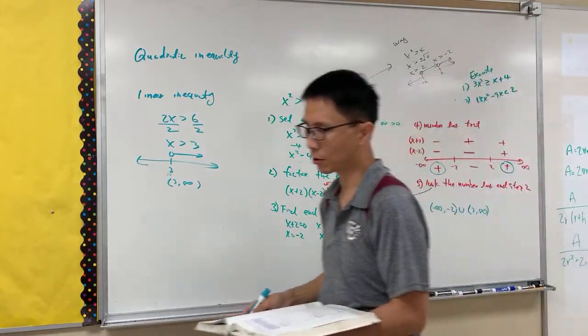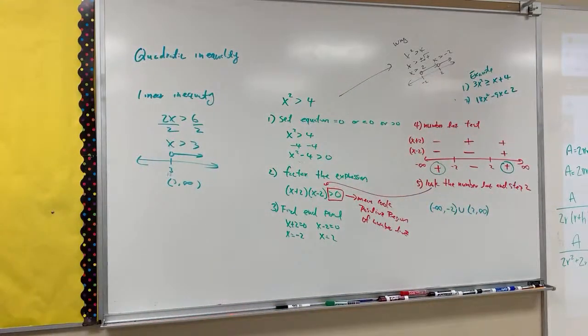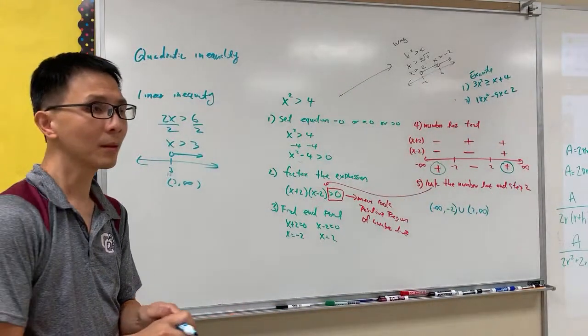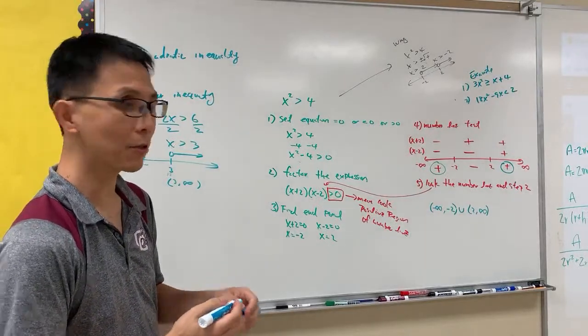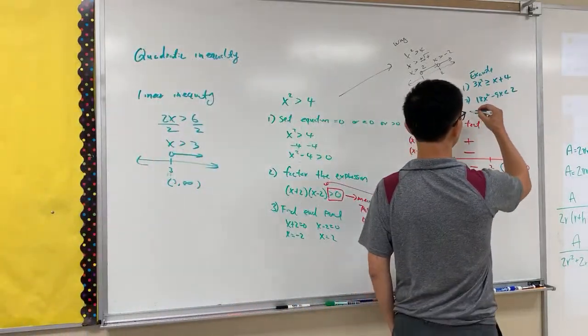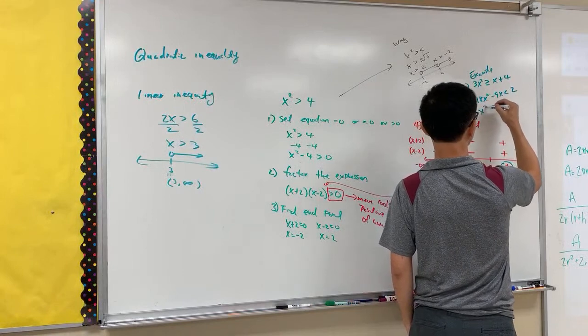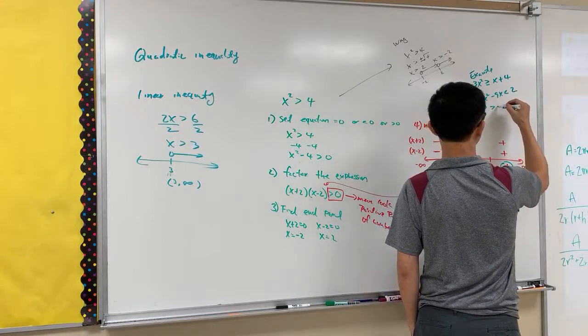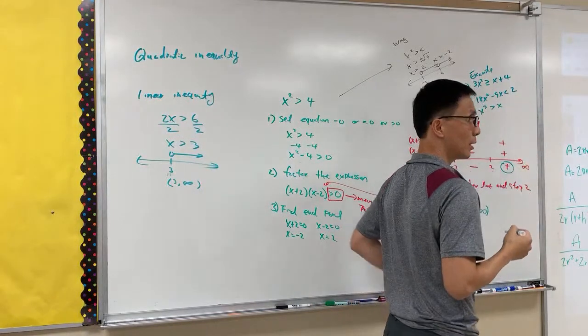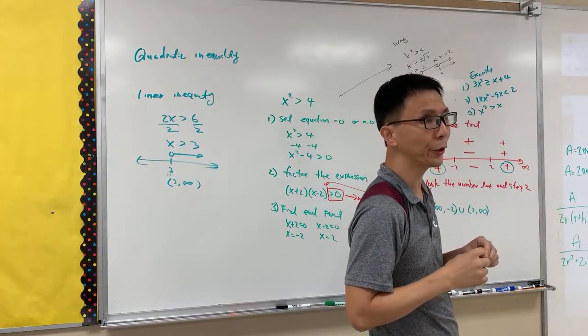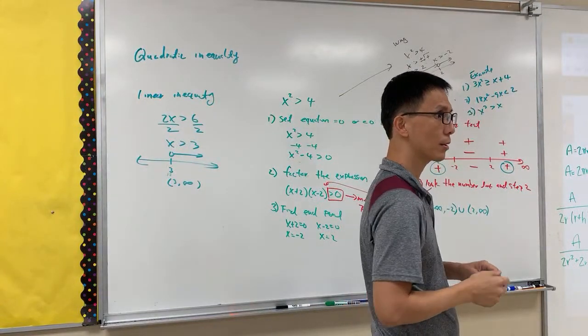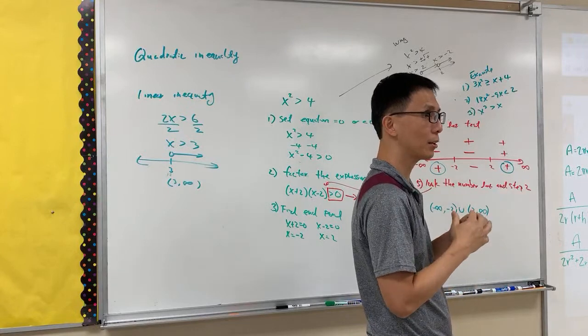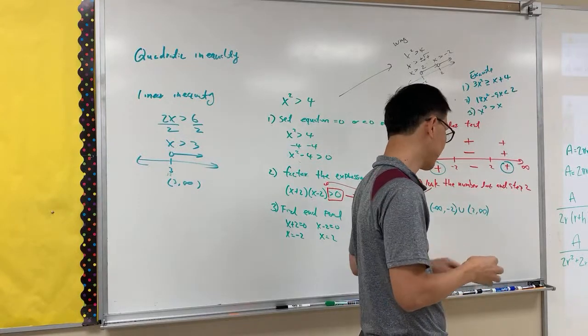I want you guys to try it. Try the number line test for the first time. And then if you're an advanced student, you can try this one: x cubed greater than x. The rules are actually a lot harder on that one. It's higher than the second degree, but the work is the same way.